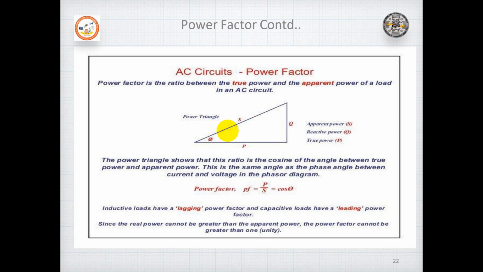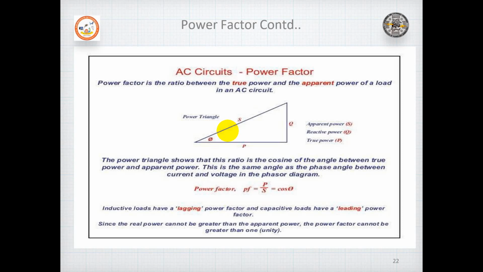So in this case, inductive loads always have a lagging power factor and capacitive loads always have a leading power factor. Since the real power cannot be greater than the apparent power, the power factor cannot be greater than 1.